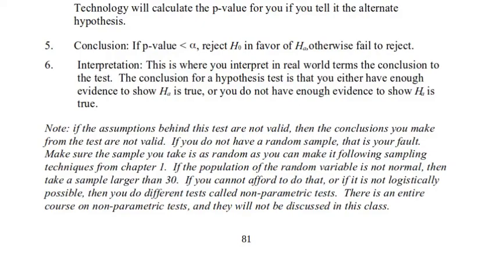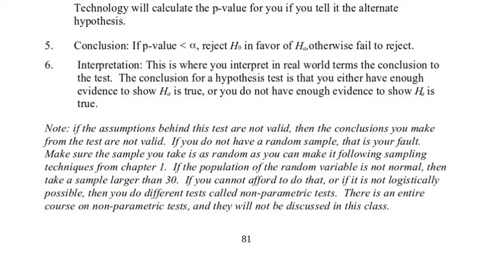So as an aside, note that if the assumptions behind this test are not valid, then obviously the conclusions you make from the test are also not valid. If you do not have a random sample, then it's your fault if you use the test. So make sure that the sample you take is as random as you can make it by following the sampling techniques from Chapter 1. If the population of the random variable is not normal, then take a sample larger than 30.